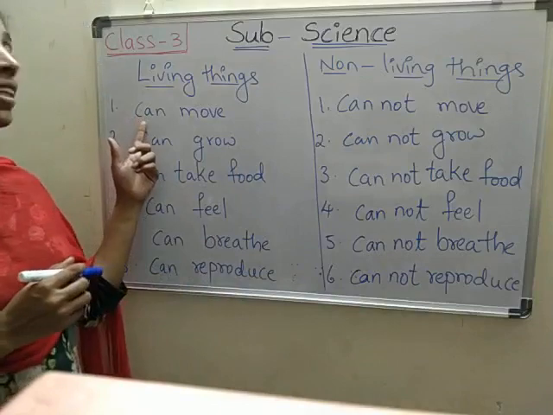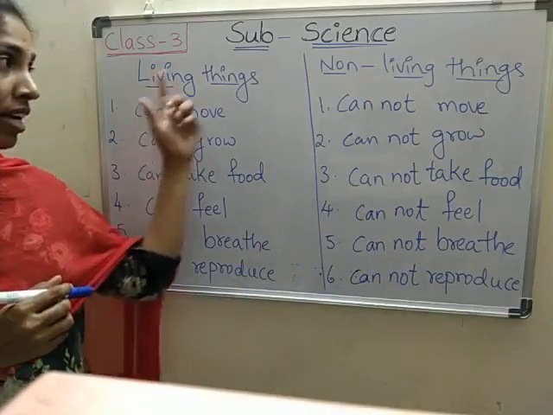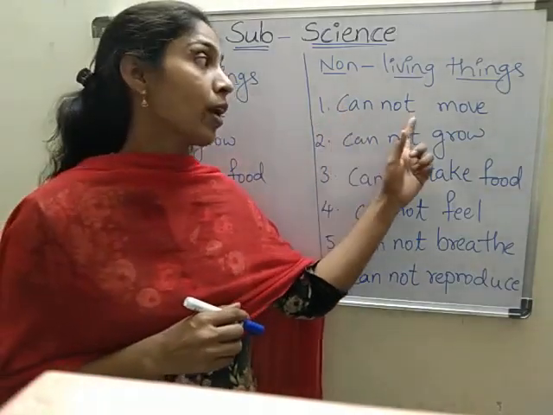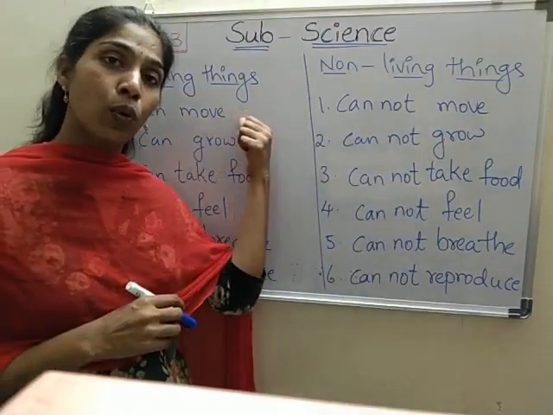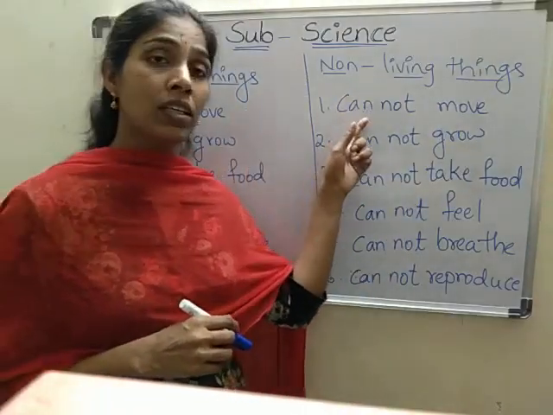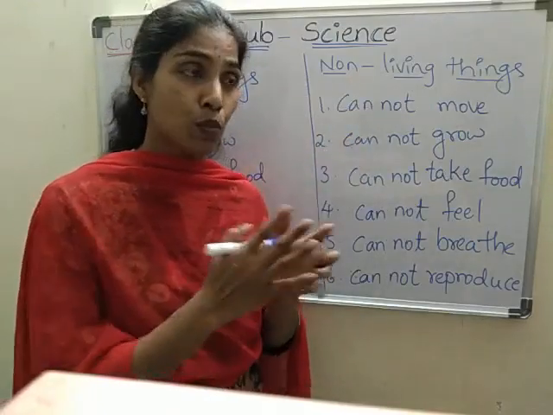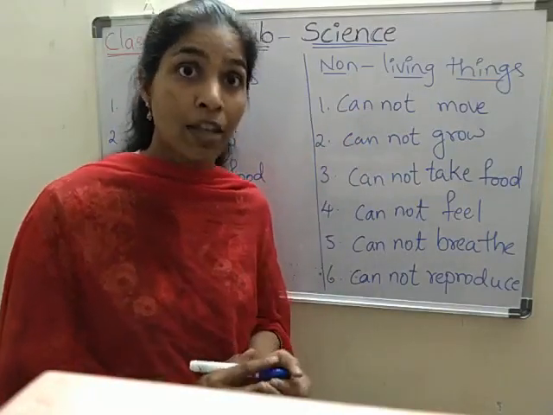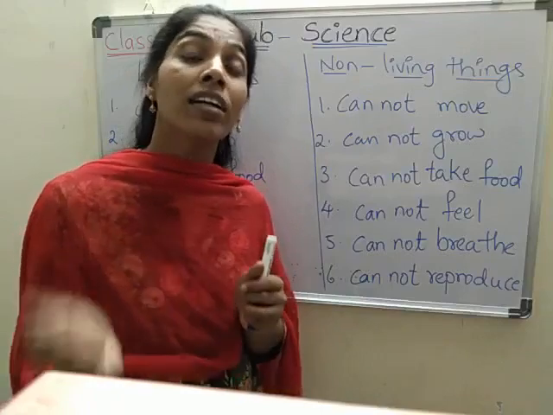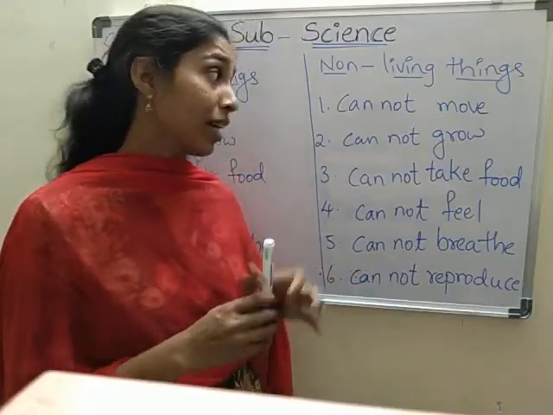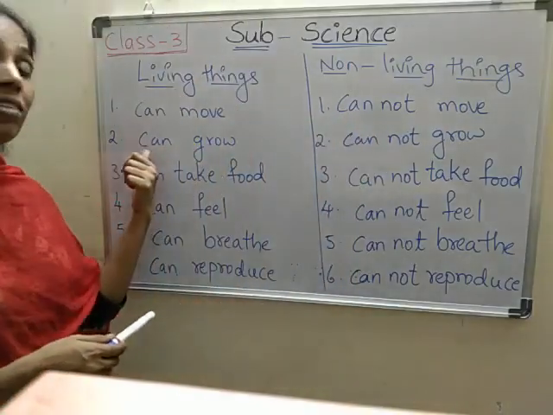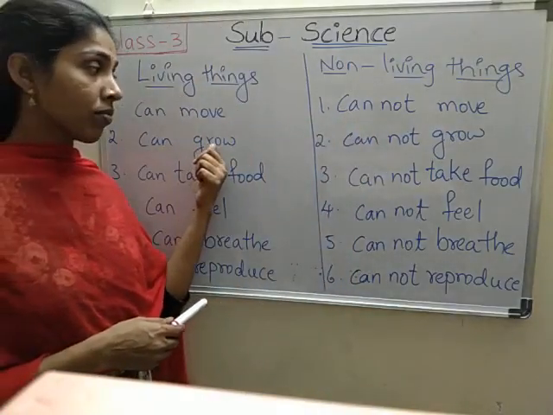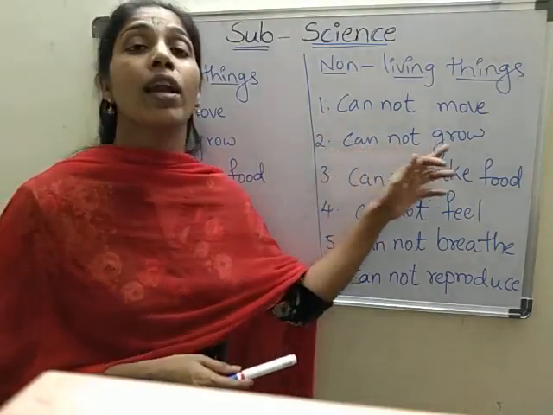Okay. Living things can move, whereas non-living things cannot move. Living things can move on their own. For example, vehicles can move from one place to another when someone drives them, but they cannot move themselves. Next, living things can grow. Non-living things cannot grow.